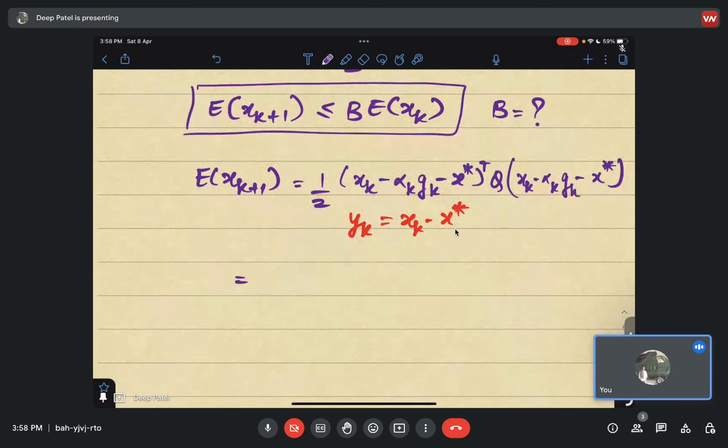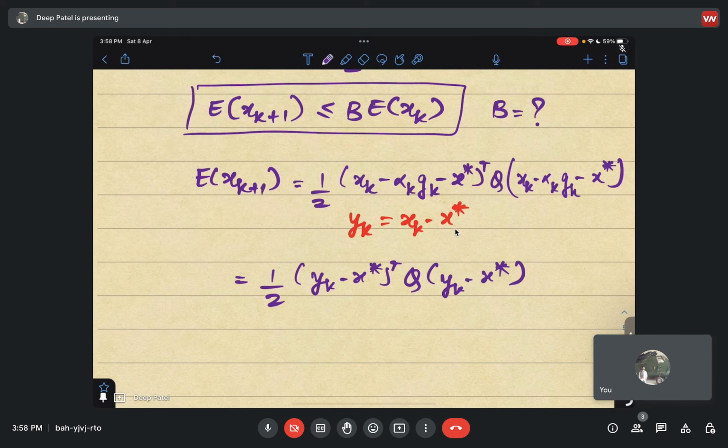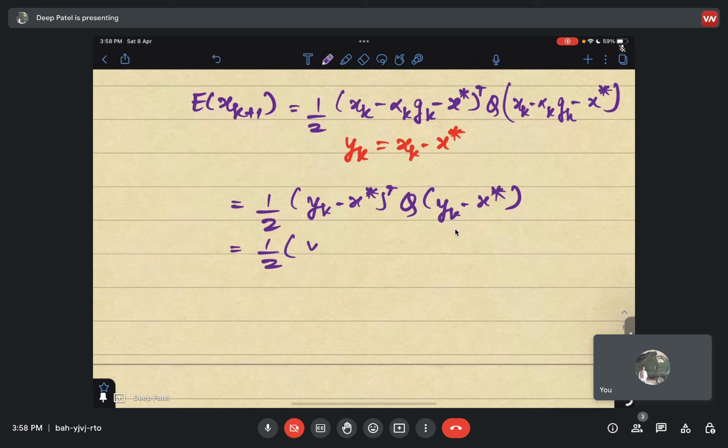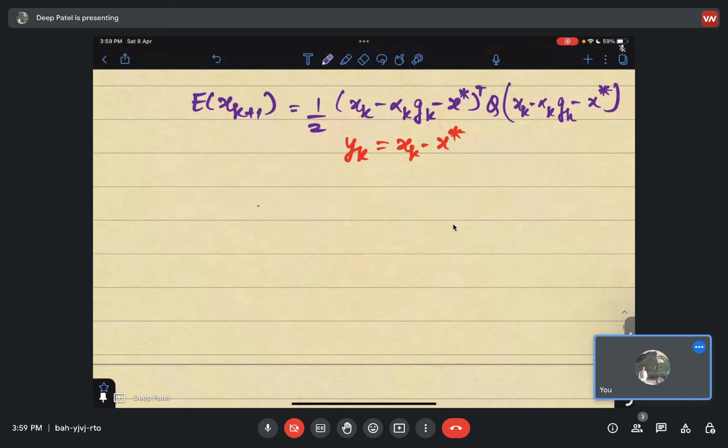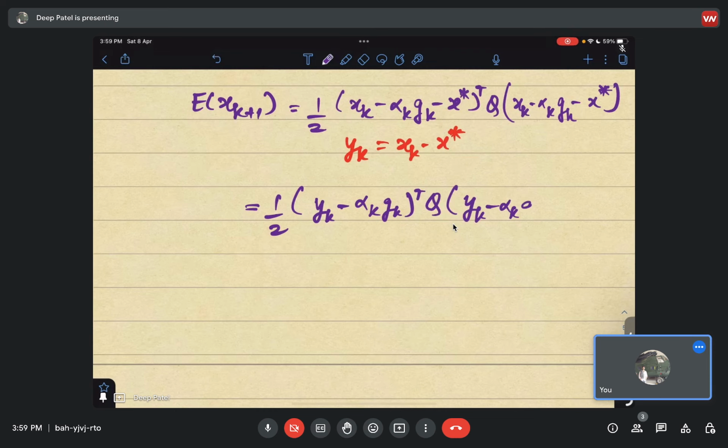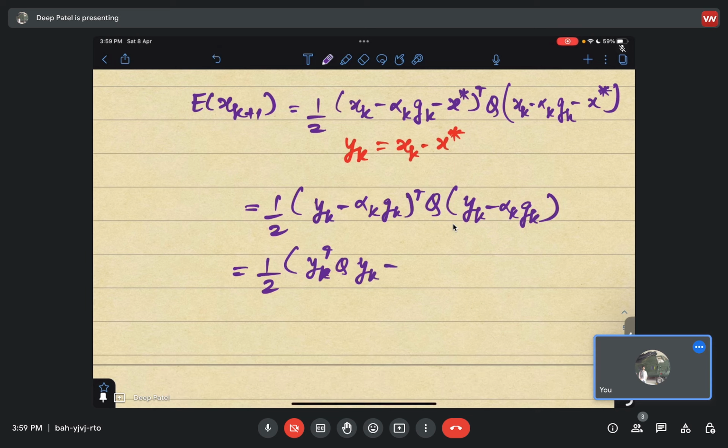So we have half of (y_k minus alpha_k g_k) transpose Q (y_k minus alpha_k g_k). Expanding, what I get is y_k transpose Q y_k minus 2 alpha_k y_k transpose Q g_k plus alpha_k squared g_k transpose Q g_k.